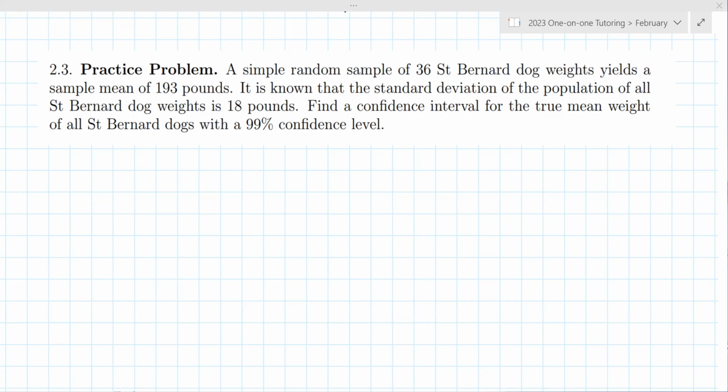So just the confidence interval, if you got that.